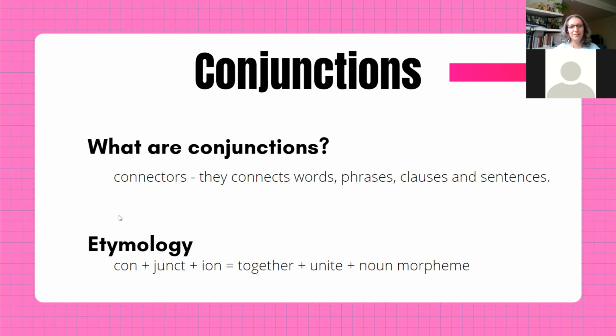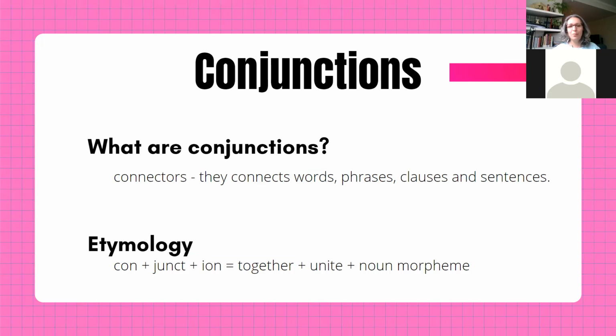Conjunctions, what are they? They are connectors. The word conjunction has 3 parts to it: con, junct, and ion. Con means together. Junct comes from the word that means to unite or to join, and it comes from the Latin word for yoke.